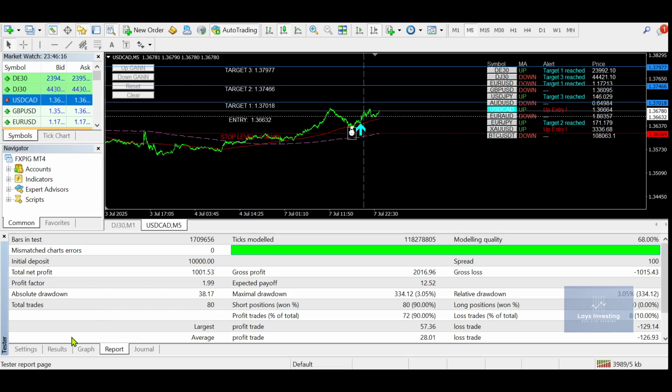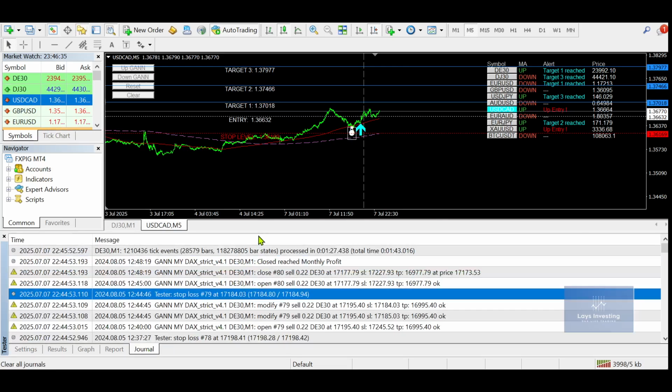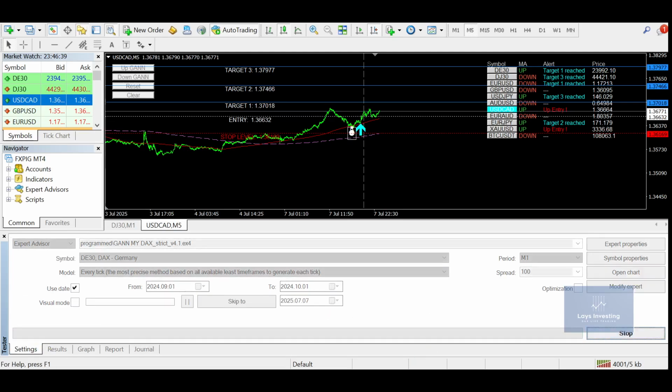So we get 10% for August as well. And now around September.